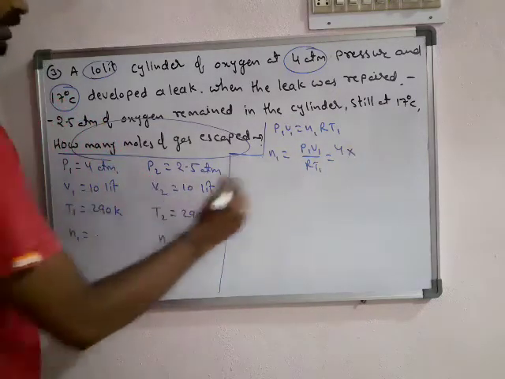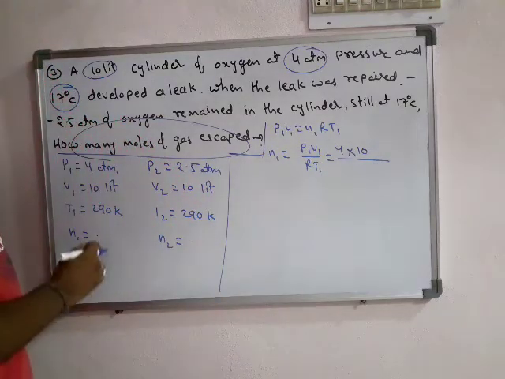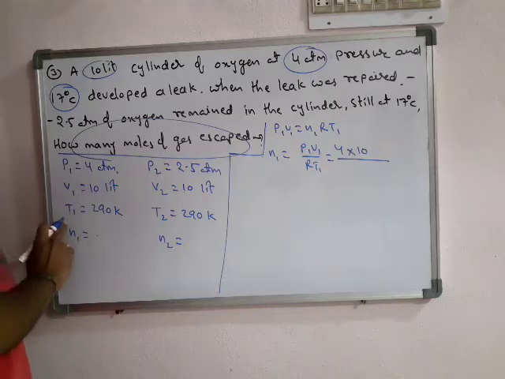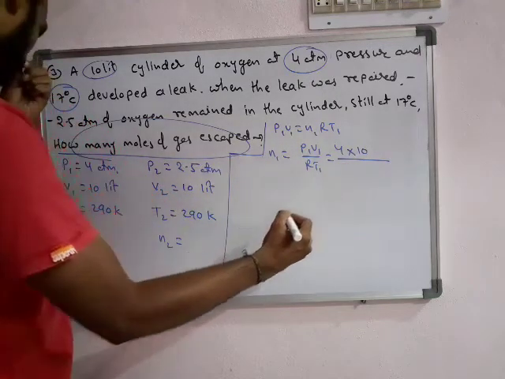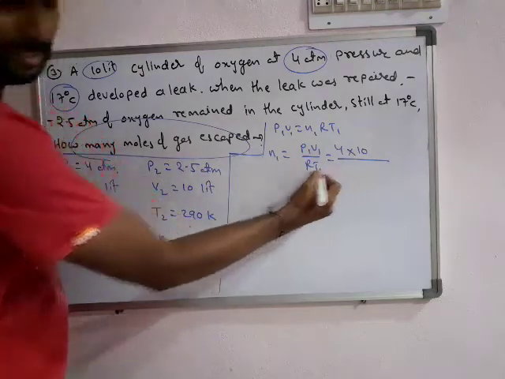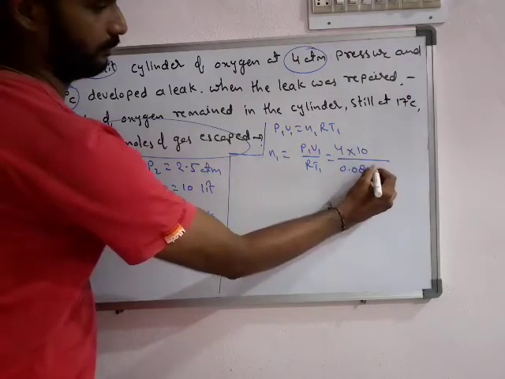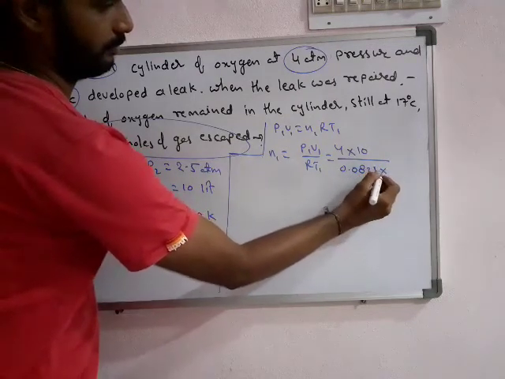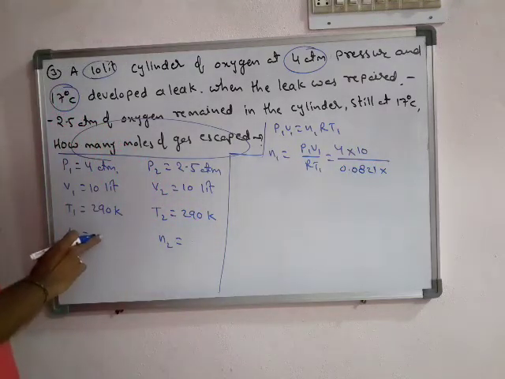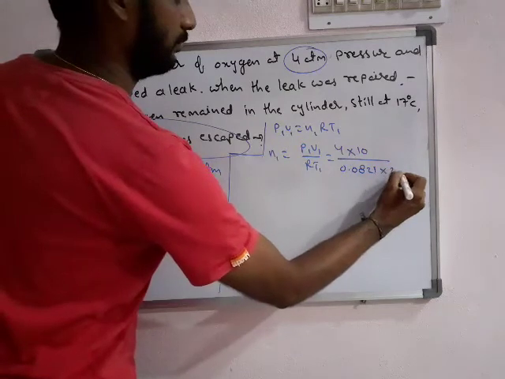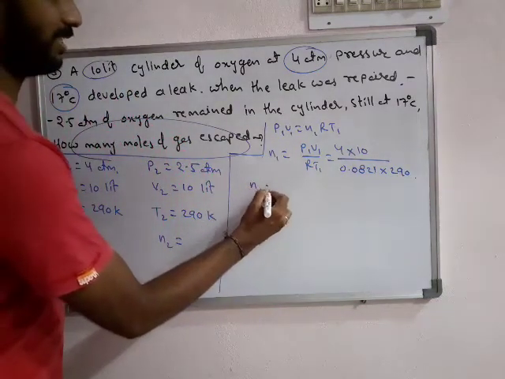What is V1? 10. R, atmosphere liter, we take as 0.0821. T1 is 290. So we need to do the total calculation.